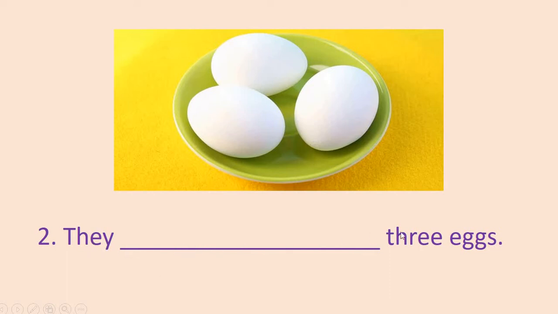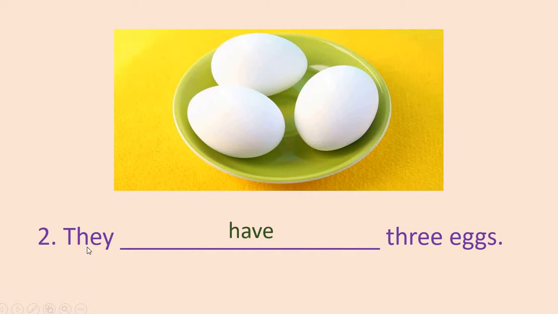They blank 3 eggs. They have 3 eggs. They means more than one person. They have 3 eggs.